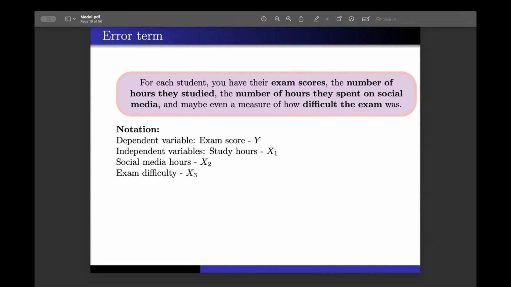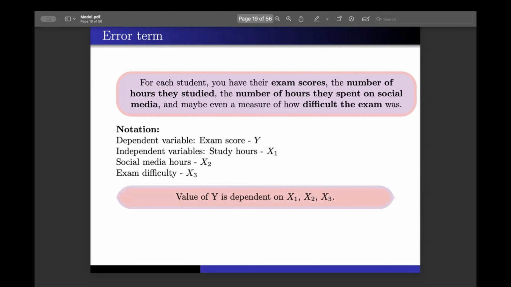X3 would mean the third independent variable. So right now, let's say we have a data set that contains the exam score of a student, the number of hours they studied, the number of hours they spent on social media, and the difficulty level of the exam. We have given it all this notation.